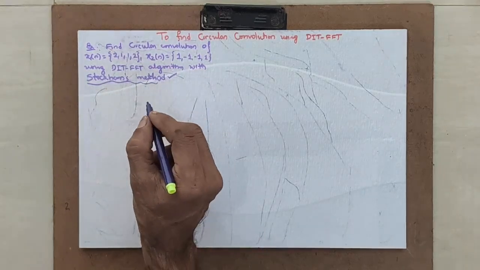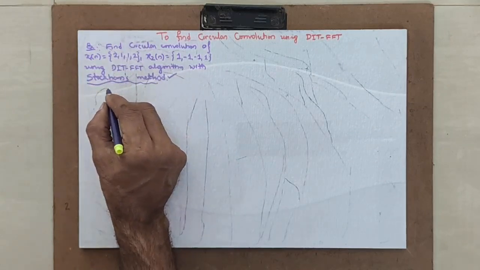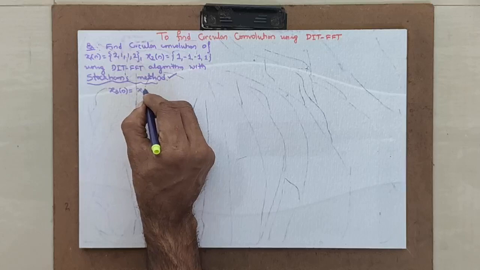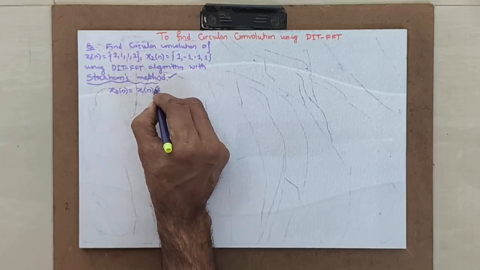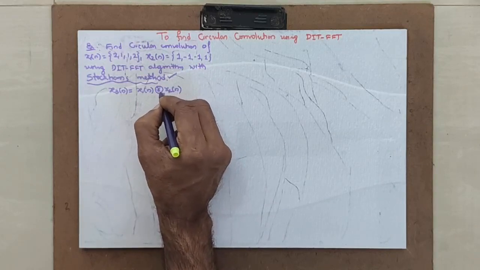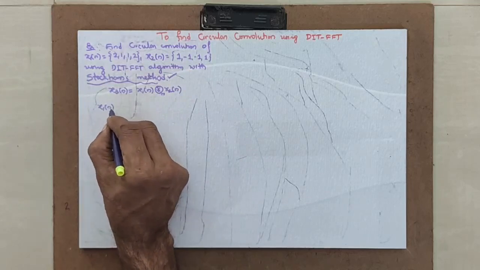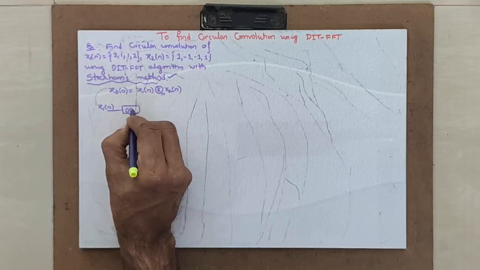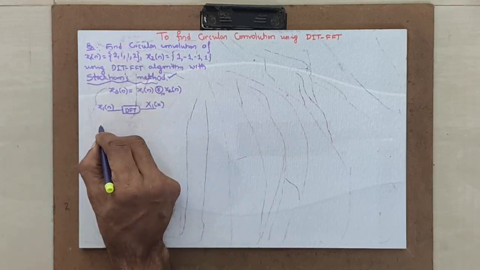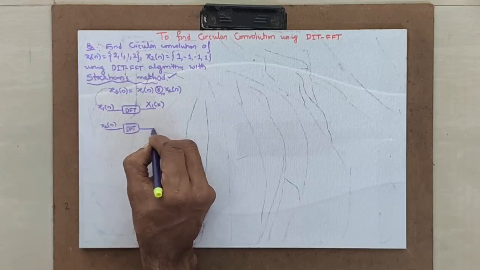Now you already know Stockham's method. You have done some examples in circular convolution. Actually, I am obtaining third signal x3(n) or output y(n), whatever you call it, after circularly convoluting x1(n) and x2(n). How do you do this in Stockham's method? It is very simple. First, you find the DFT of x1(n) so that you get x1(k), and you find the DFT of the second signal, that is x2(k).